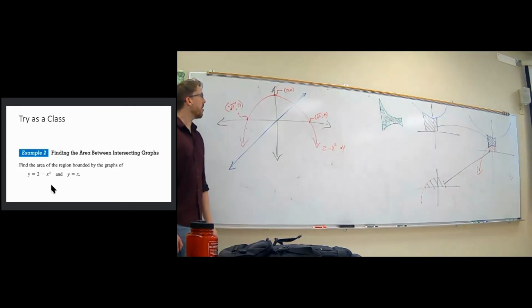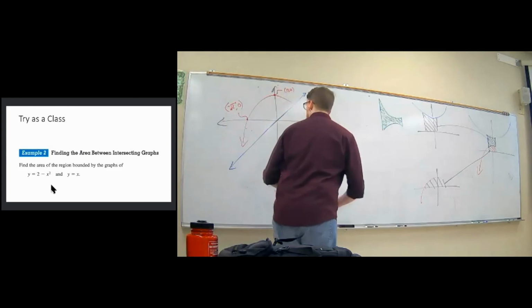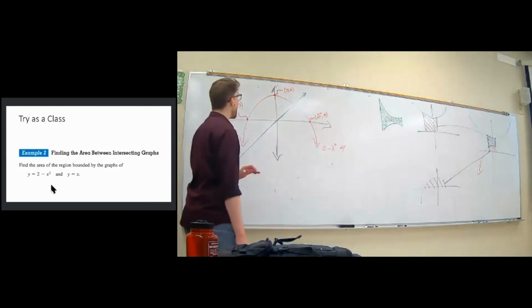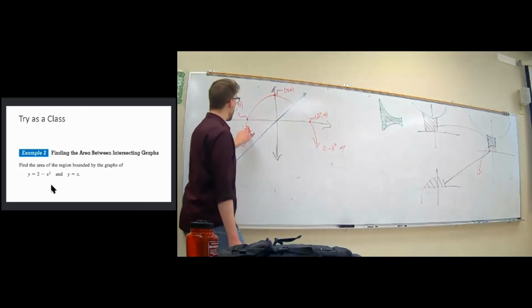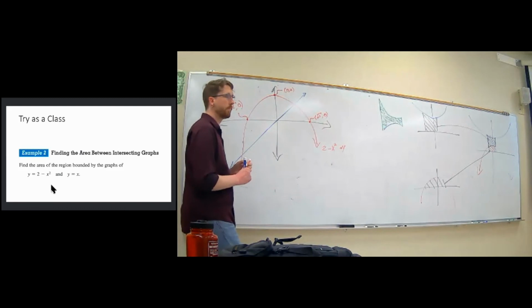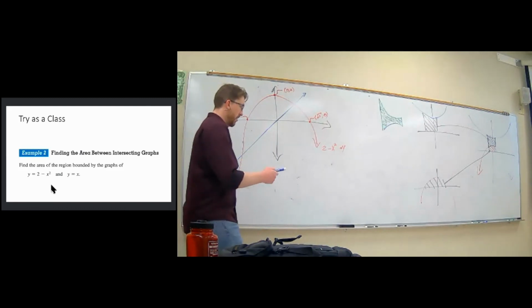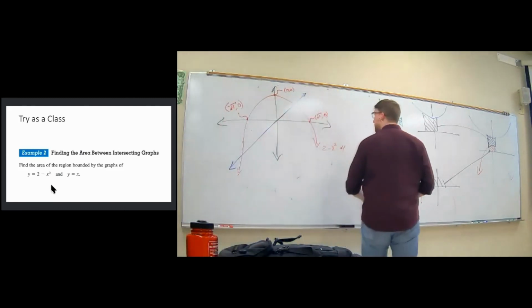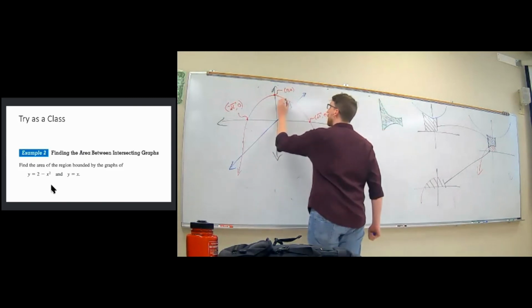We want the area bounded between the two graphs. So we want the area between the two graphs. If we extend this out further, we find we get an intersection down here, right? And the area bounded between the two graphs, that's all of this stuff.